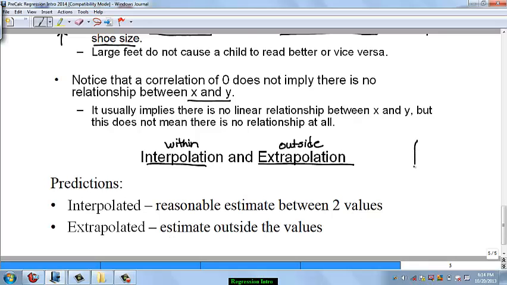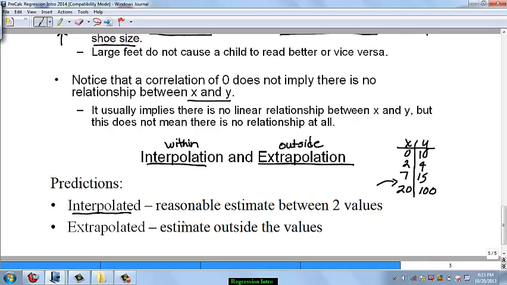So for example, if I was given some data here, here's x and y, and my data is this, okay, and I said, could you please tell me what do you think will happen in between 7 and 20, like 10? What you're doing is interpolating.